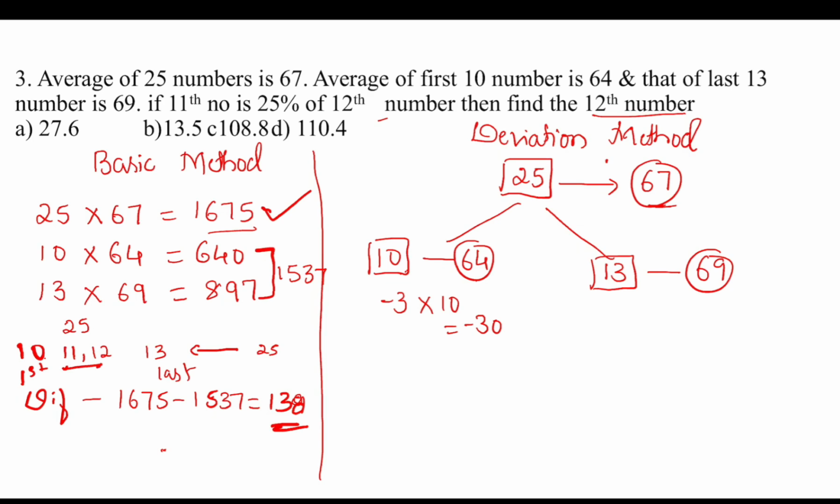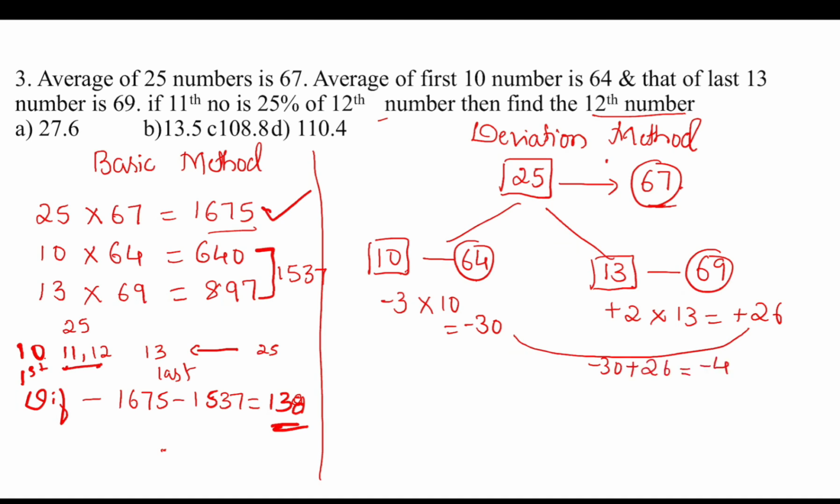Next, the last 13 numbers average is 69, which means it is more than the actual average. How much more is it? 2, plus 2 is more. For how many numbers? 13 numbers. So 13 2s are 26, so plus 26. So when I take deviation here, minus 30 plus 26 means minus 4.